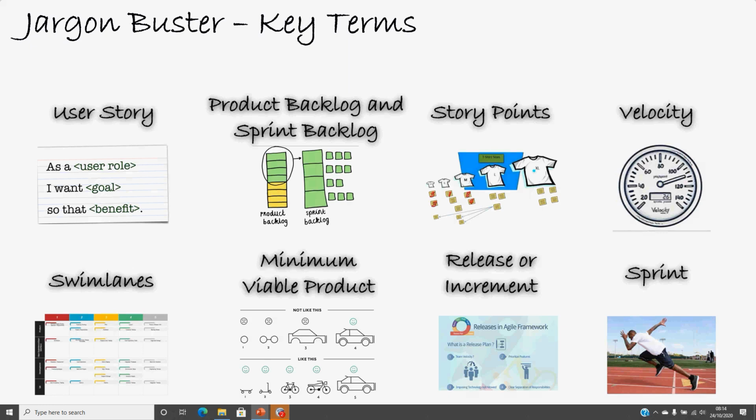So, for instance, we had user story 1, 2, 3, 4. 4 user stories we have. In sprint 1, the team decides that okay, we are going to work on only user story 1 in this particular sprint.